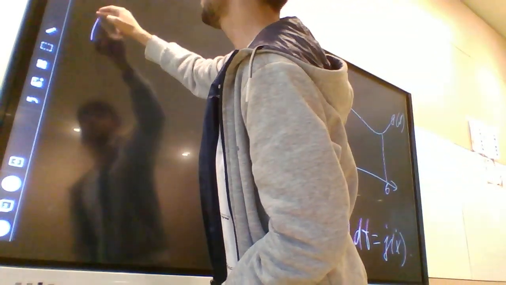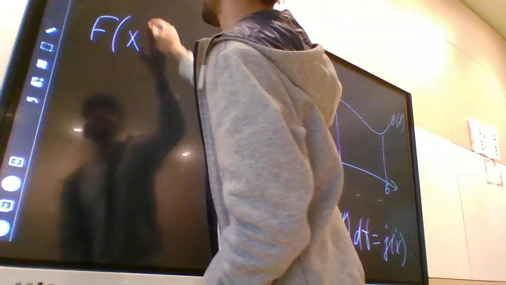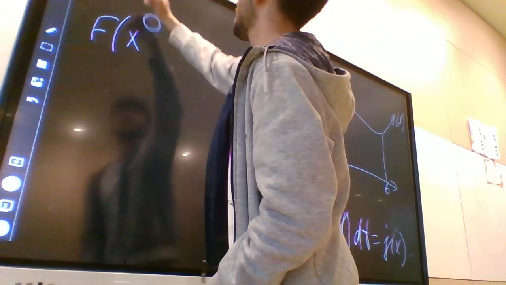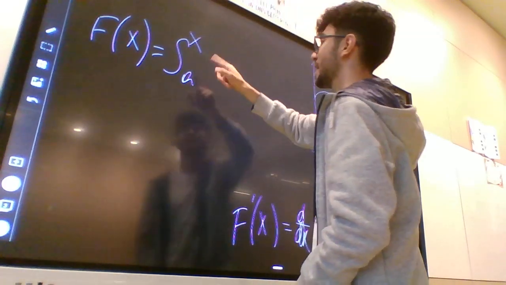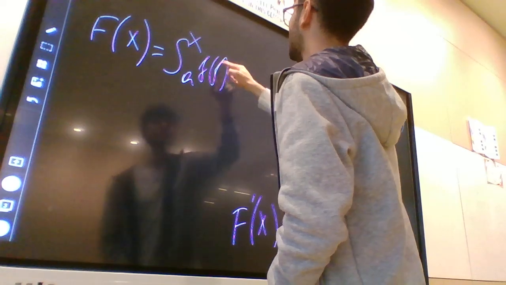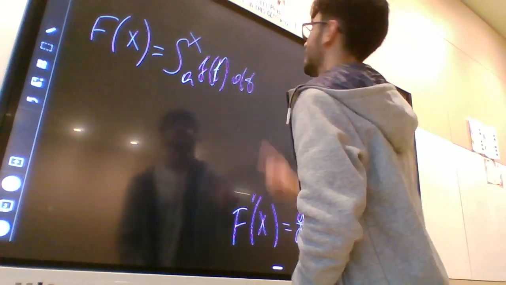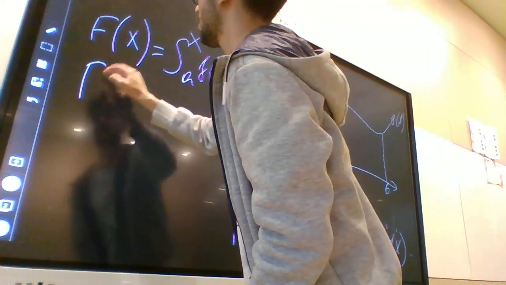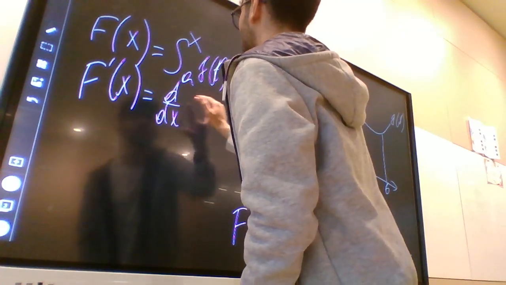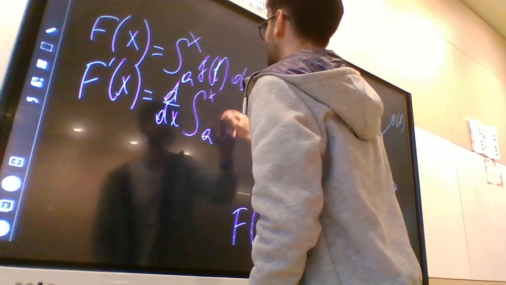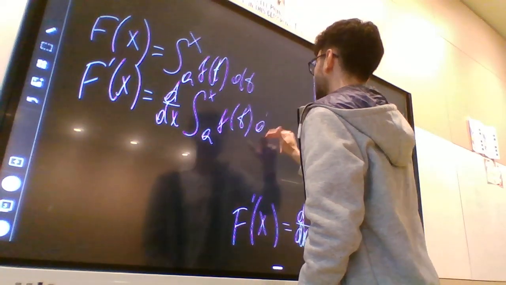So, what was our F(x)? Our F(x) is equal to the integral from a to x of f(t) dt. And what is the derivative of F(x)? The derivative of the integral from a to x of f(t) dt.